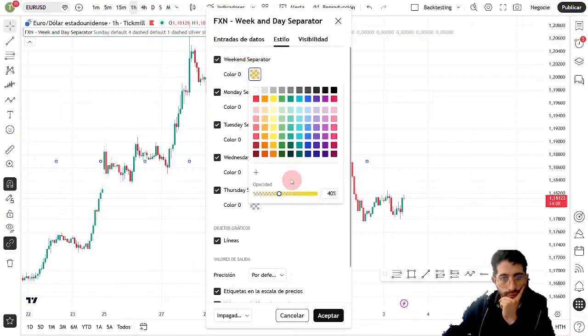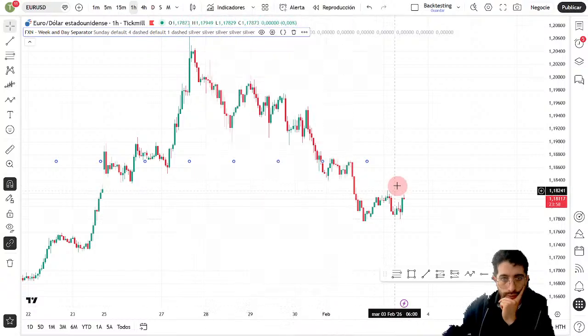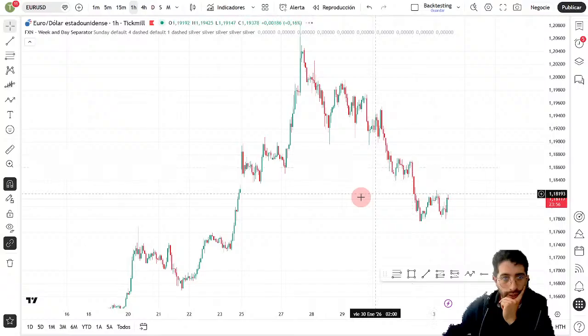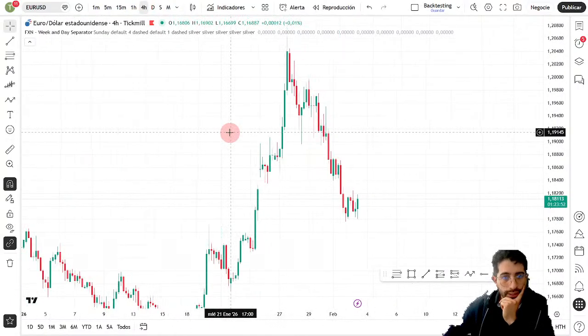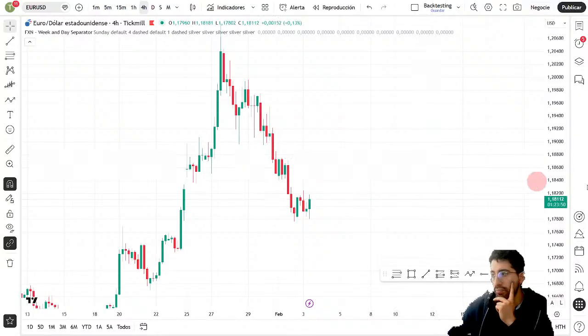This is the color for the week separator. Can I put this red one here? Perfect. Okay, and this is the one I use to separate the weeks. Sometimes it's necessary, sometimes it's not that much, but I sometimes use it.